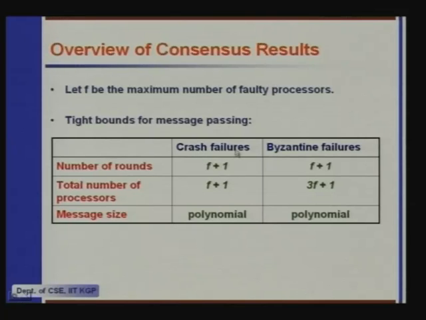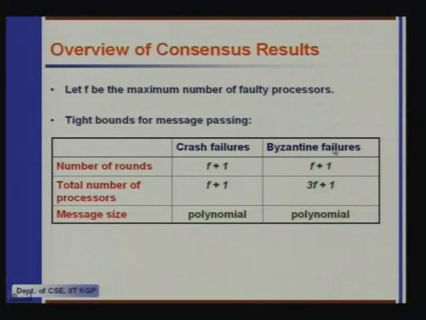So, we have two types of faults that we are going to study here. One is crash failures. Remember, crash failures means that whenever a crash failure occurs, that particular process is down for the rest of the computation. And we have Byzantine failures, where the process does not crash, but it starts behaving in some unpredictable or malicious way.